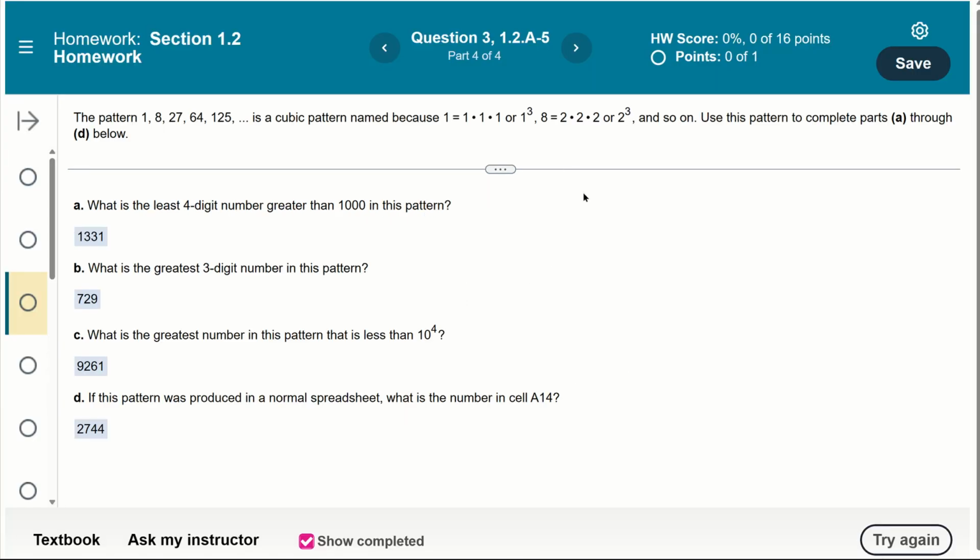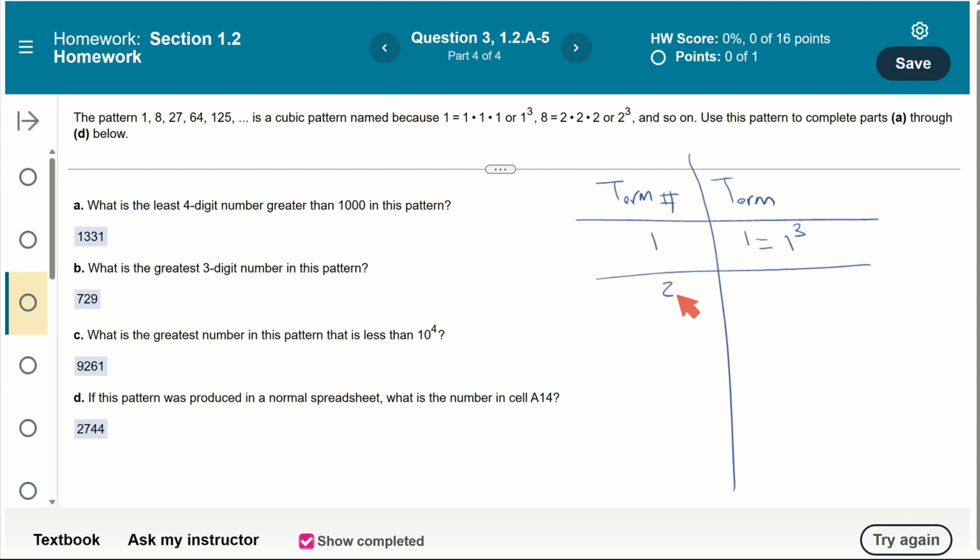Here's another problem, and it's one in which we have what's called a cubic pattern, because if you notice, the first term is simply 1 cubed, right? So if we actually make a little table like we usually do, the first term is 1, which we can think of as 1 cubed.